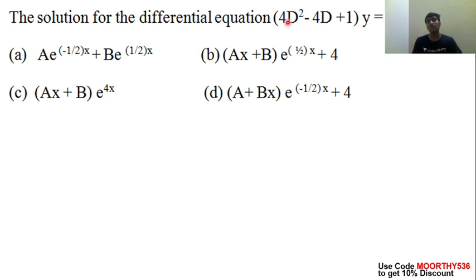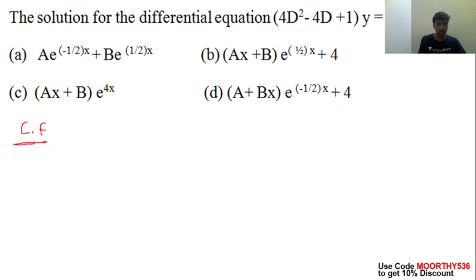We know that the solution for the LHS is the complementary function and the solution for the RHS is the particular integral. First, we need to identify the complementary function, CF.